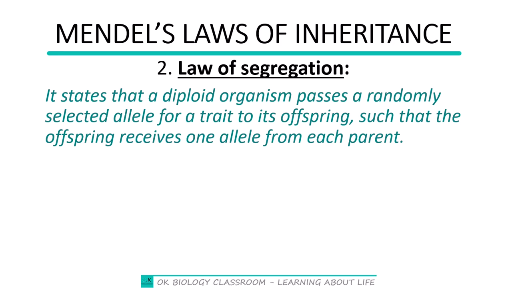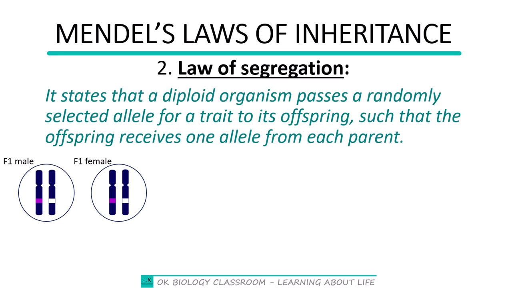So the F1 had all organisms that have one chromosome with a purple flower gene and one chromosome with a white flower gene, although it's the same kind of gene, so different alleles in this case. But they were all purple because the purple is dominant and the white is recessive. So they were all purple.